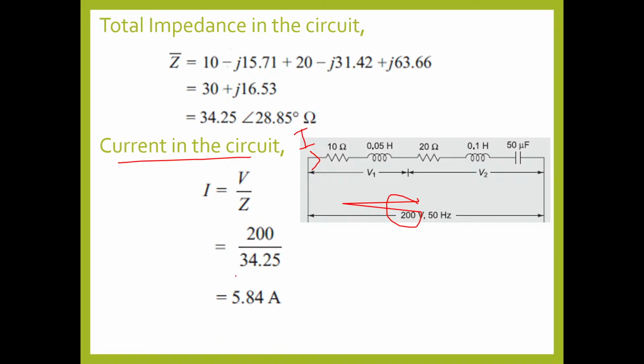So I is equal to 200 by 34.25. Simplifying, you'll get 5.84 amperes. You can even consider the angle: 200 at an angle of 0 degrees divided by 34.25 at an angle of 28.85 degrees. If the angle is not mentioned, you must consider 0.